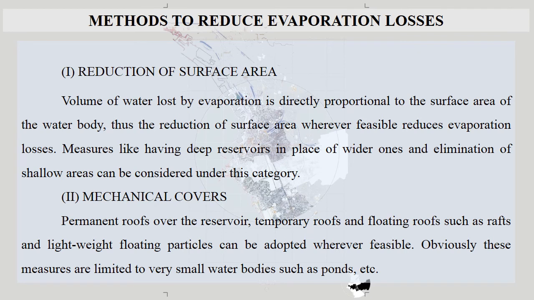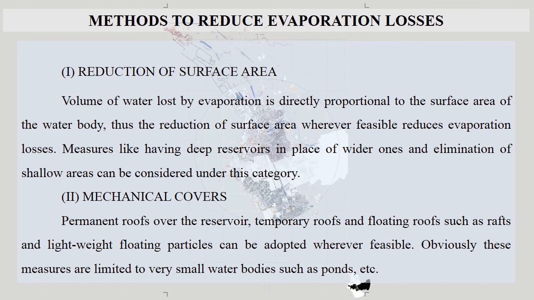Second, mechanical covers. Permanent roofs over the reservoir, temporary roofs and floating roofs such as rafts and lightweight floating particles can be adopted wherever feasible. Obviously, these measures are limited to very small water bodies such as ponds.